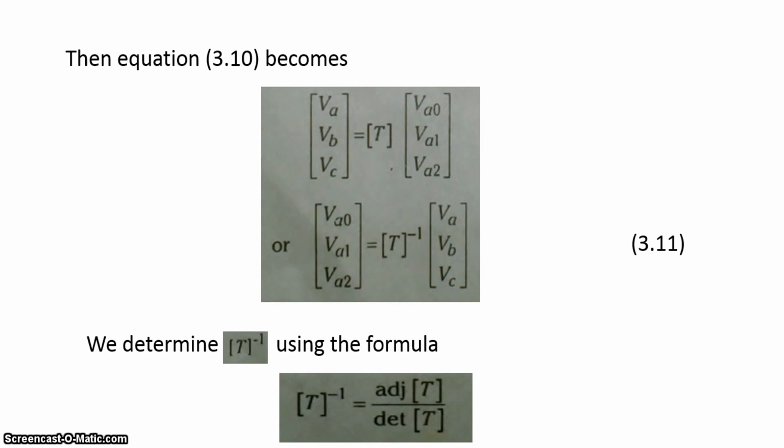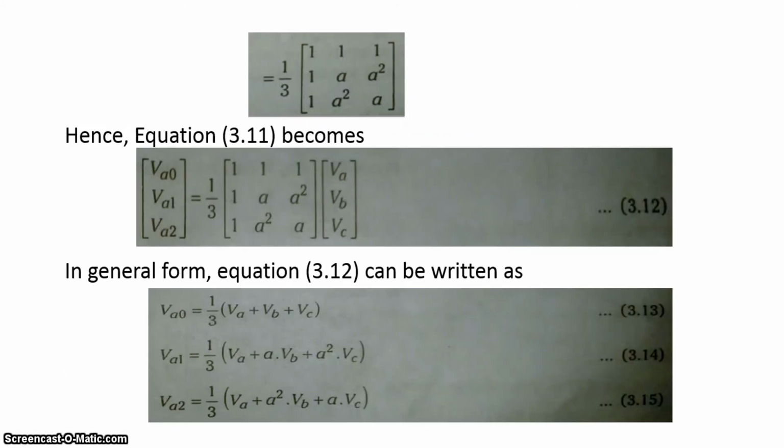We determine the inverse of matrix T using the formula adjoint of T divided by determinant of T. In this case, determinant of T becomes 3 times (operator A minus operator A square), and the adjoint of T becomes (operator A minus operator A square) multiplied by a matrix. Therefore the inverse of matrix T becomes 1/3 of the matrix 1 1 1, 1 operator A operator A square, 1 operator A square operator A.